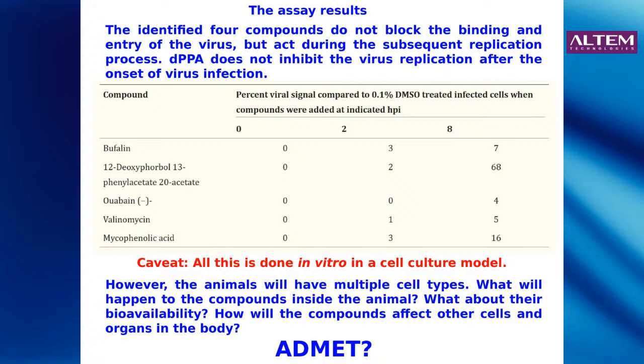So these four compounds, at least the three compounds bufalin, ouabain and valinomycin, were very promising compounds, capable of inhibiting PRRSV in a biological model, although at the cellular level.